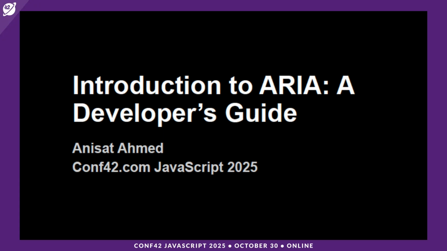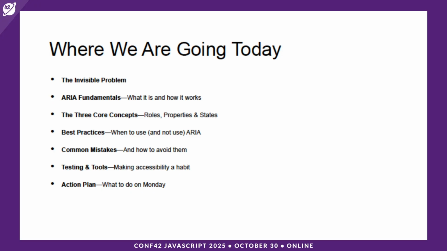So let's get started. Here's what we'll be covering today in my talk. We're going to look at the invisible problem that makes some websites hard to use. And then we'll go over ARIA fundamentals, what it is, and how it works. Then we'll unpack the three core concepts of ARIA, which are roles, properties, and state.